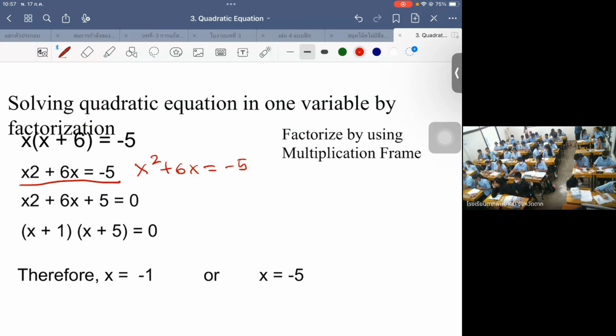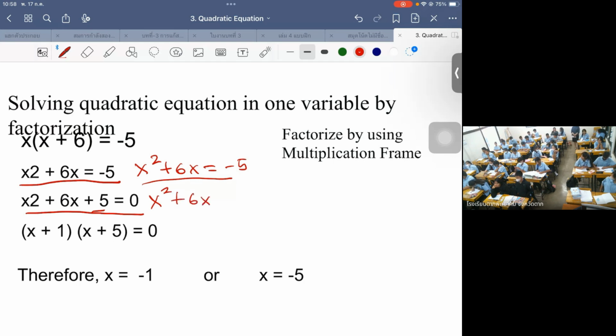So first step, it is a combination of getting first the standard form and the common factorization. This one is not a quadratic equation, right? You need to process the quadratic equation by using standard form. So transpose, it will become positive. So right now, we have x squared plus 6x plus 5 is equal to 0.